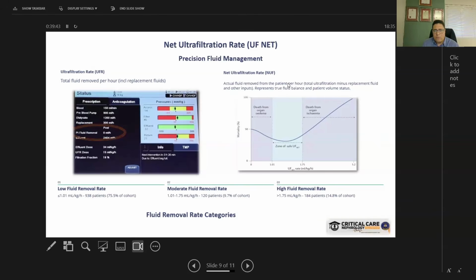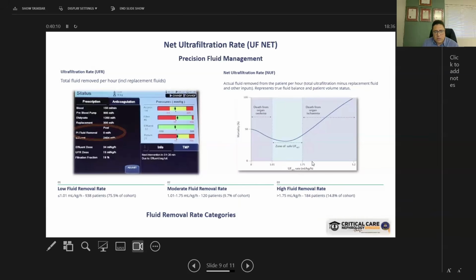And it is a balance of fluids within the patient. And this is the ultrafiltration rate that we need to achieve in order to bring a patient into a certain target of fluid balance. This is typically the net ultrafiltration rate that is being recommended in patients who are relatively unstable in a de-escalation phase of ICU therapy.